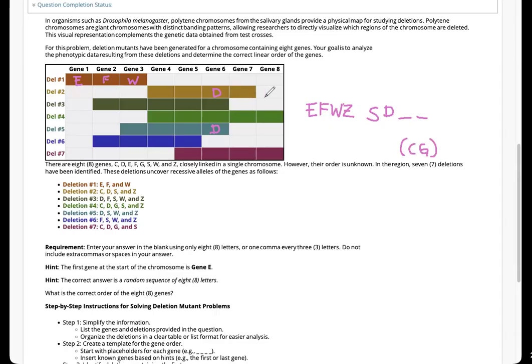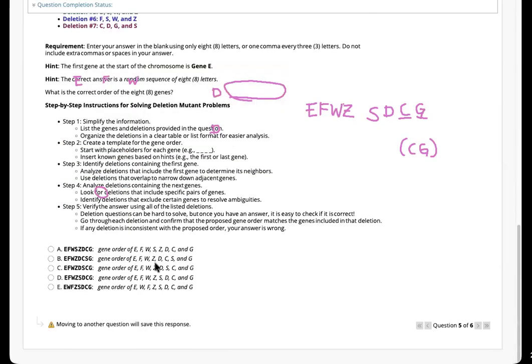So we need to find a deletion that has one and not the other. Deletion 2. Does it have C? Yes. Does it have G? No. So that means it's C, G. So that's our answer. E, F, W, Z, S, D, C, G.